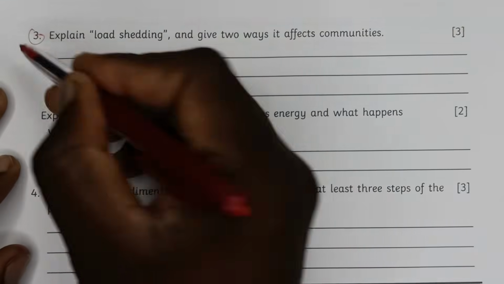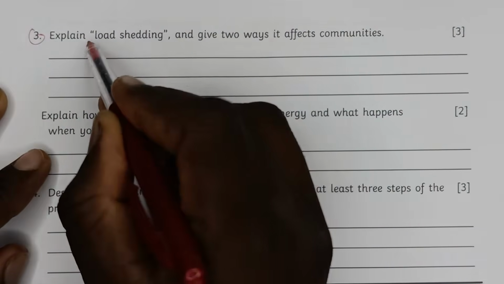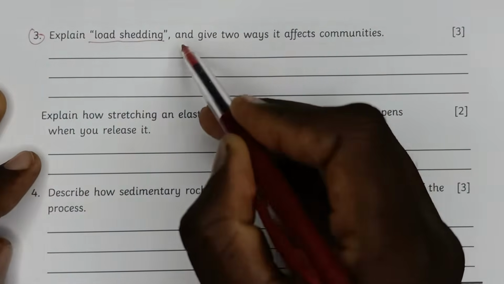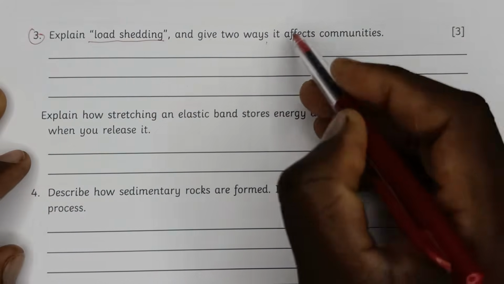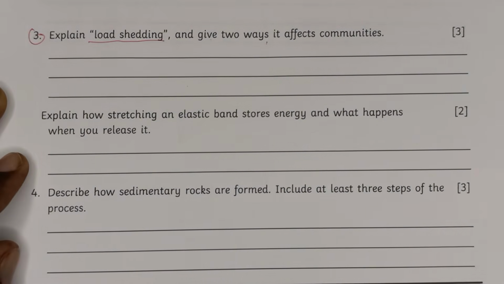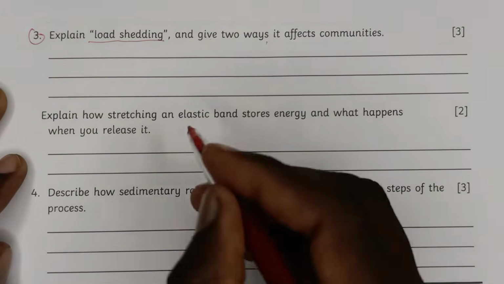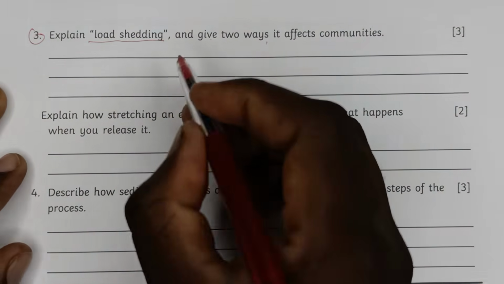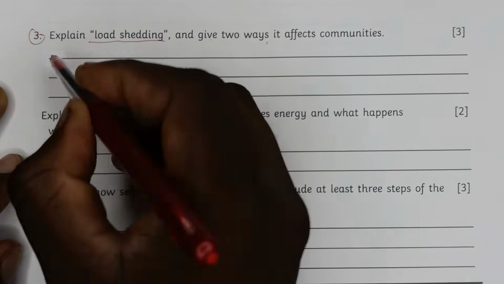So question 3 says, explain load shedding and give 2 ways it affects communities.